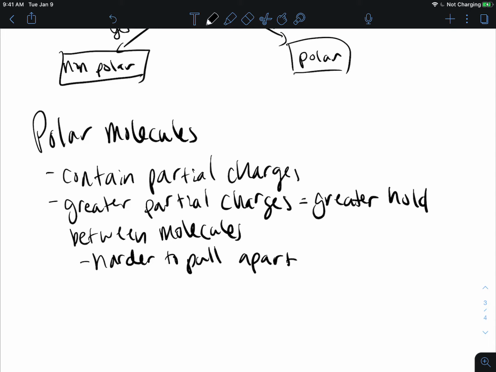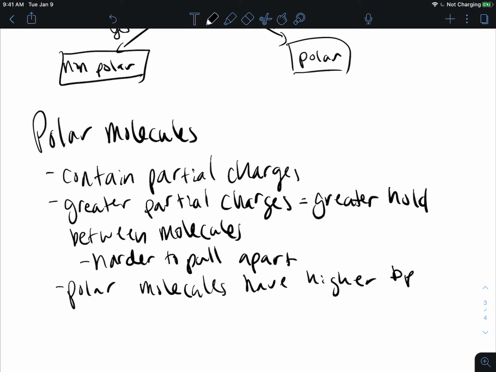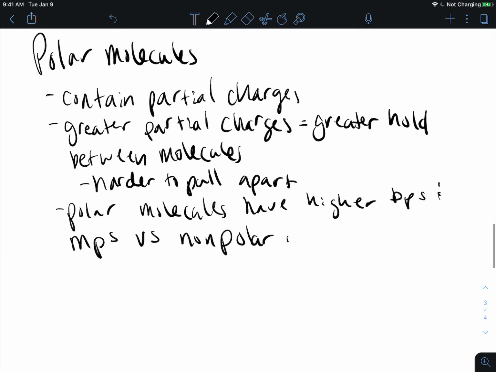So polar molecules have higher boiling points and melting points versus nonpolar molecules of the same size.